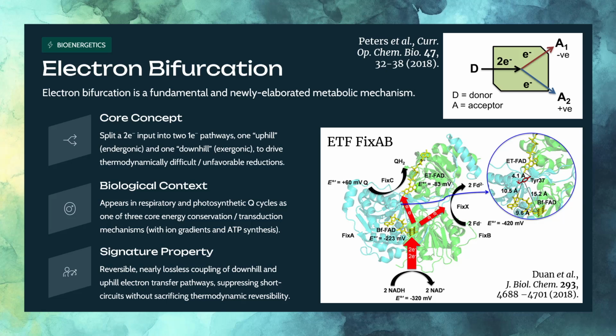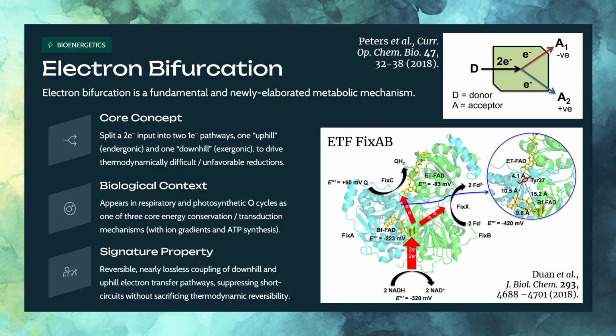This is one of the core energy conservation or transduction mechanisms that can be considered perhaps even on par with the use of ion gradients and ATP synthesis to use and convert and ultimately move energy around in physiology.